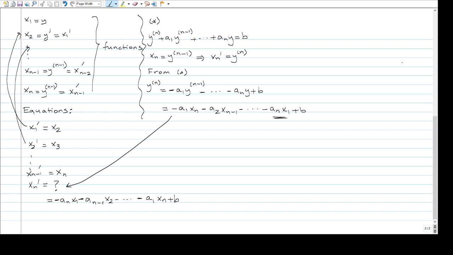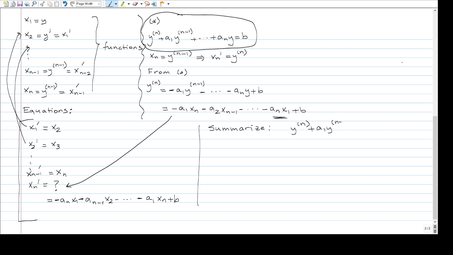So from just one equation star, we get this system of n equations, but all of them are first order. So maybe I'll summarize. We have this equation, the nth derivative of y plus a1 times the n minus first derivative of y, plus up to an times the function y, equal to b.